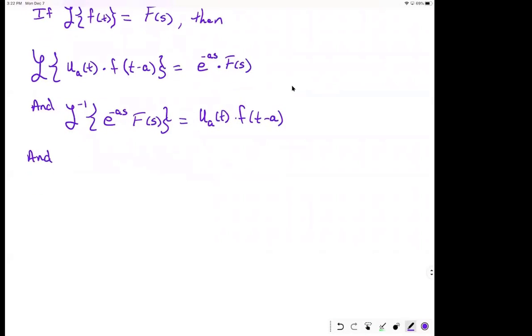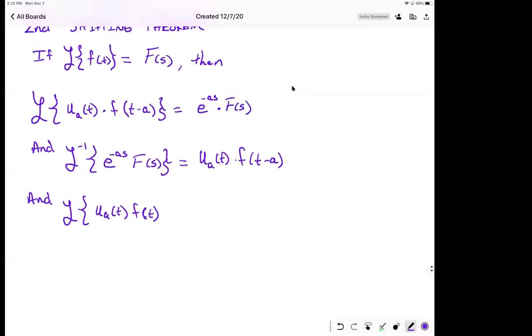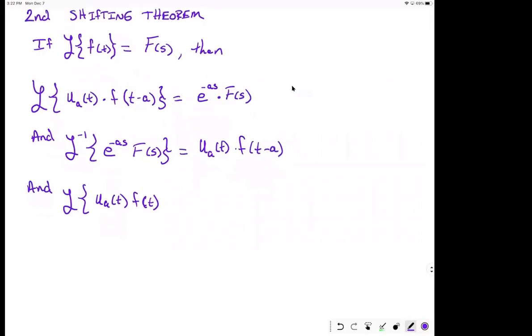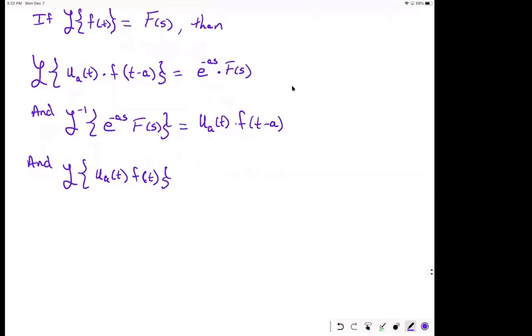We'll also write down the Laplace transform of u sub a of t times just f of t. So no a, no minus a. Well, that is equal to e to the minus as multiplied by the Laplace transform of f of t plus a.